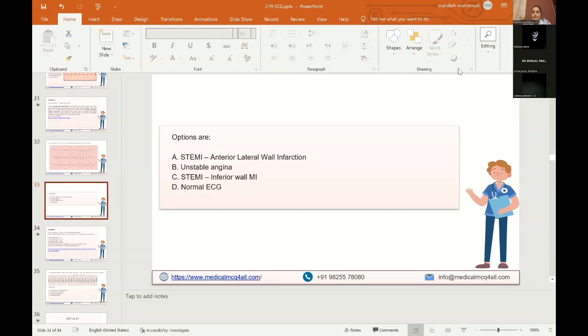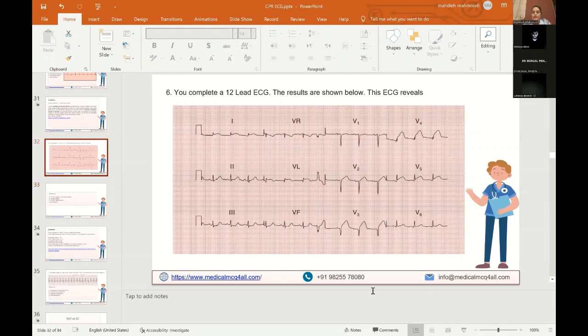Can you show the ECG, ma'am, once? Can you see that? Yes, it's clear.